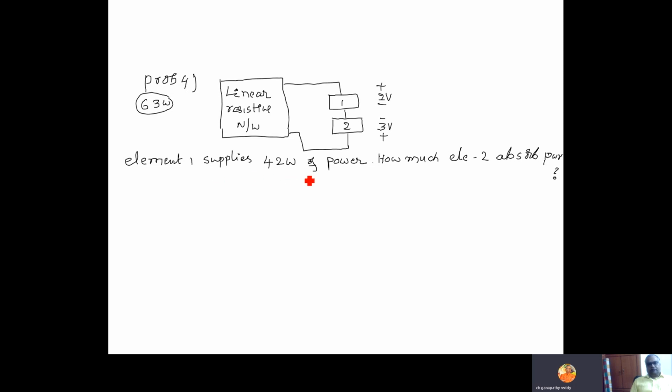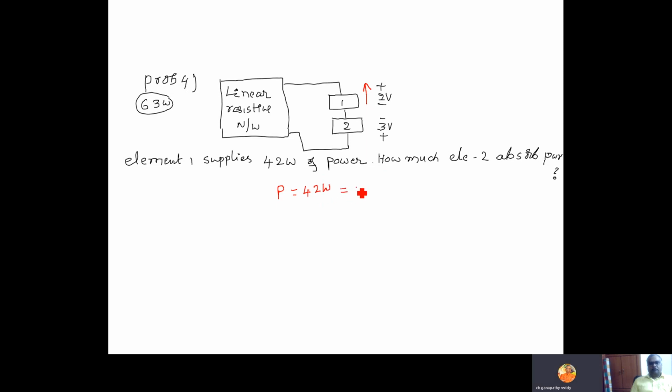Element 1 supplies 42 watts of power. How much power does element 2 absorb? Here you look, it is supplying. Element 1 is supplying. When can it supply? If current flows from negative to positive. But what is the power given? Power is 42 watts.